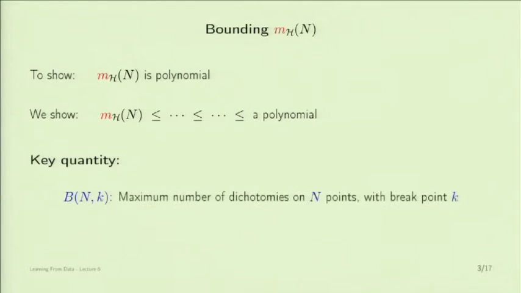Okay? So the definition here is the maximum number of dichotomies on N points such that they have a breakpoint k. So this is N, and this is k. And the good thing here is that I didn't appeal to any hypothesis set or any input space. This is a purely combinatorial quantity, and because it's a combinatorial quantity, I'm going to be able to pin it down exactly, as it turns out.